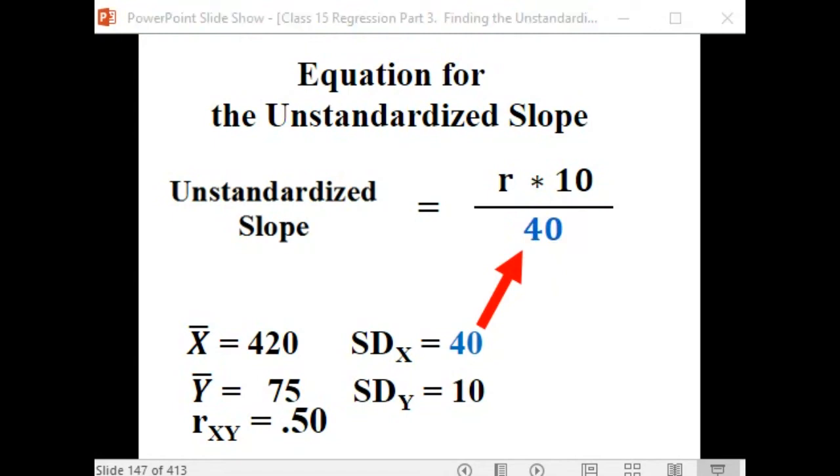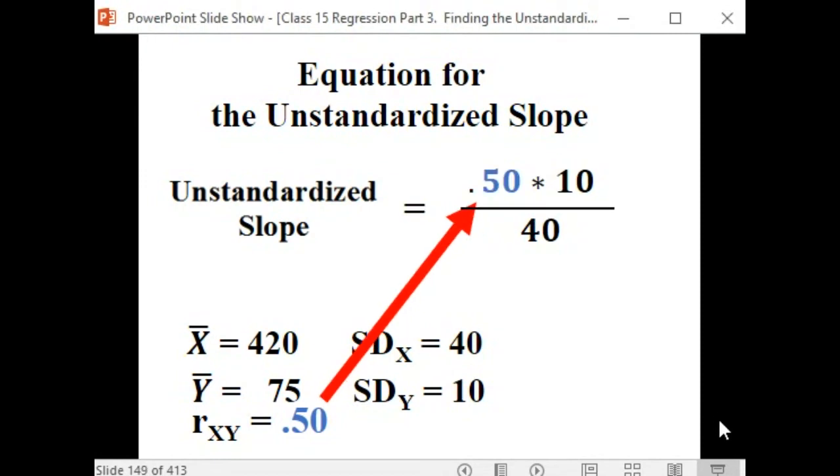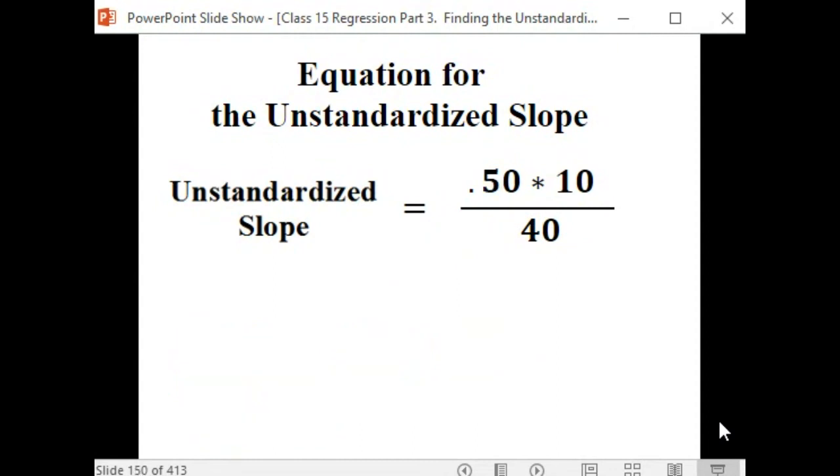Finally, down below, we can see that R equals 0.509. So we can plug that number into the equation like that. Then we just do the algebra. First, we multiply the 2 numbers in the numerator times each other. 0.50 times 10 is 0.5.